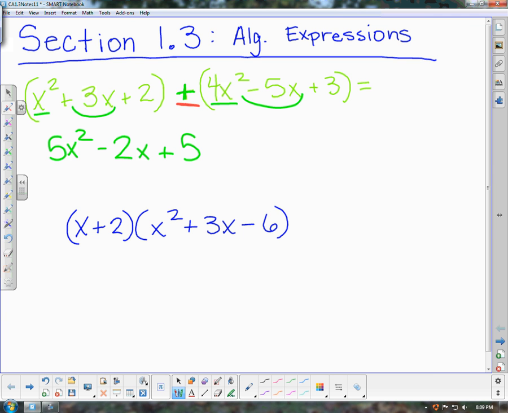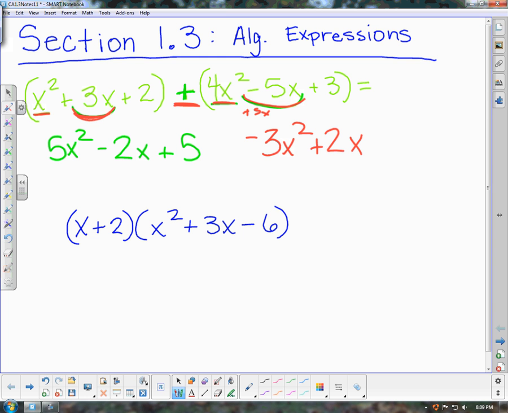Then if we turn this into a subtraction problem, now we have x squared minus 4x squared, which would make a negative 3x squared. Then we'd have 3x minus a negative 5x, which would be the same as plus 5x, which turns into plus 2x.